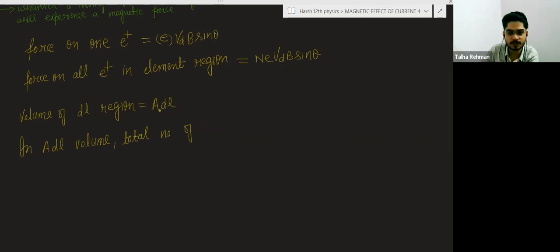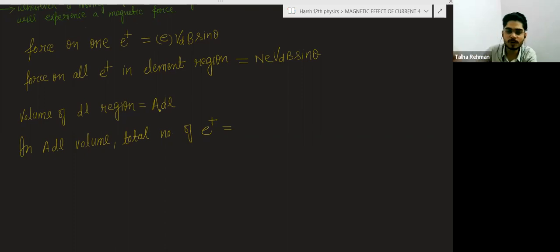Total number of e positive is equal to, first, we should know the total number of charge carriers in a unit volume.